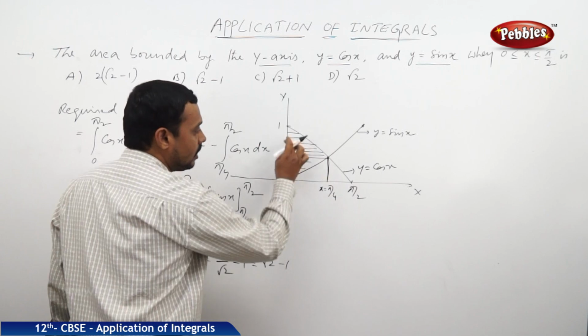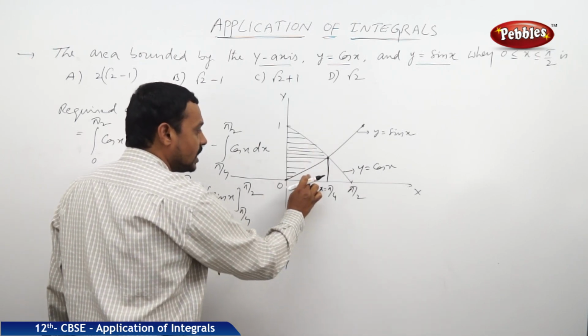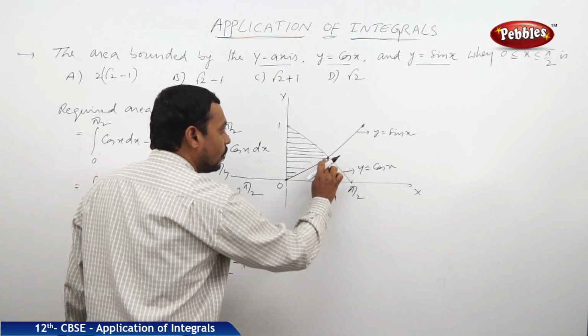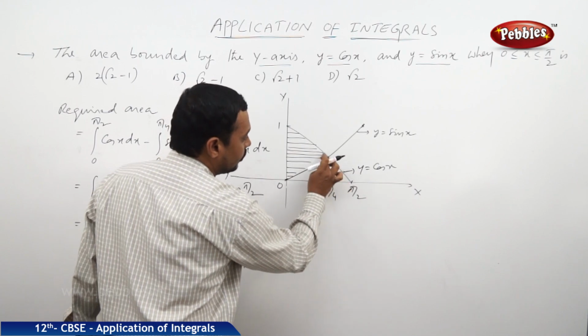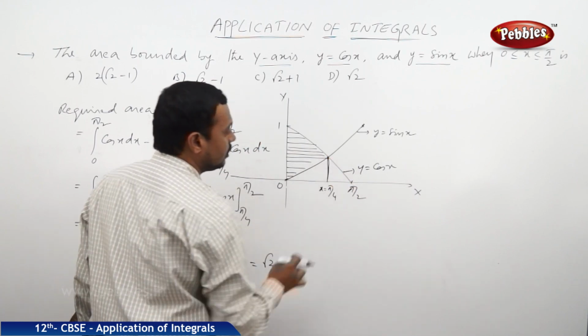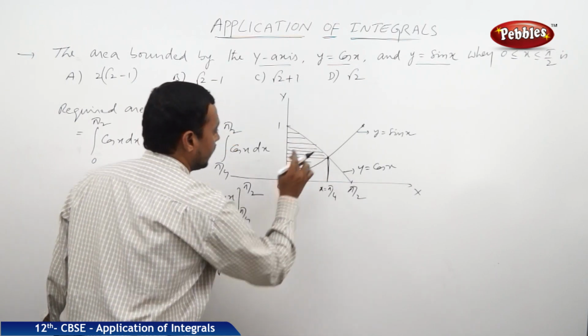Now from this total area, subtract these two parts. This is the region bounded by the curve y is equal to sin x between 0 to pi by 4 and this is the region bounded by y is equal to cos x between pi by 4 to pi by 2. So subtract these two areas from this total area.